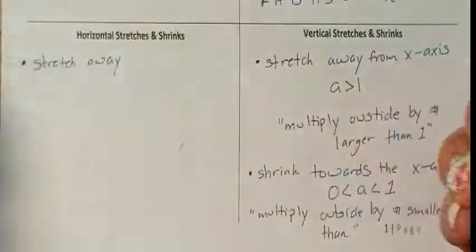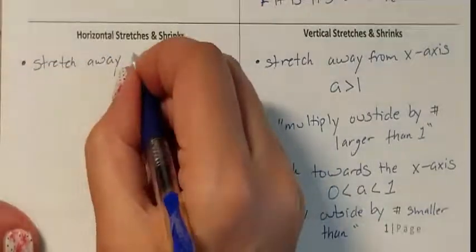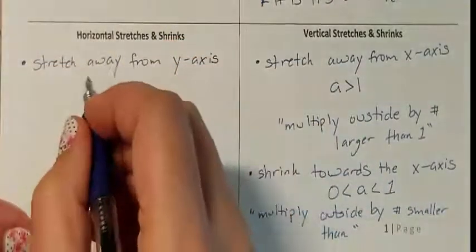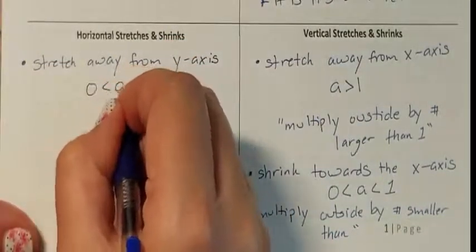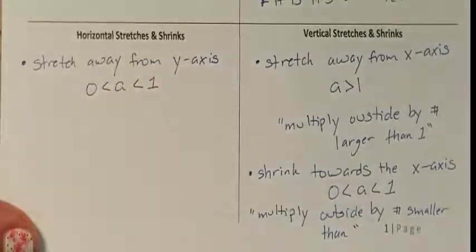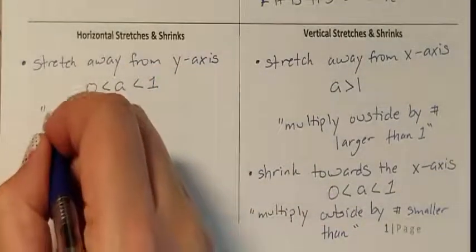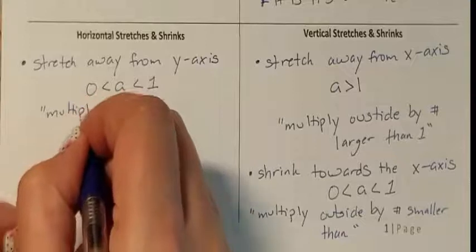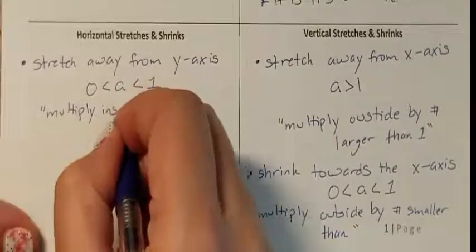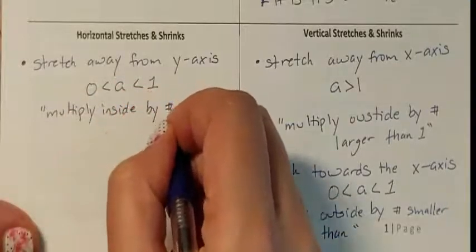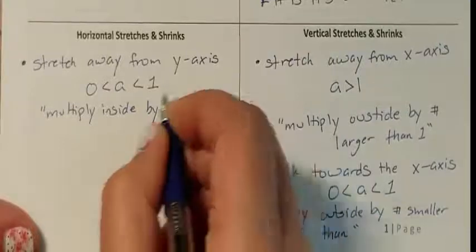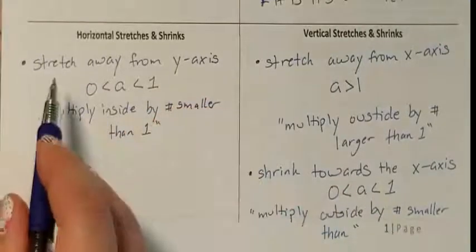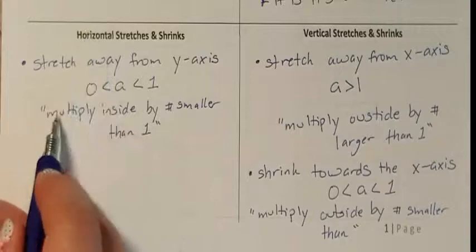So you're moving away from the y-axis. And the only time you ever do this is if you are smaller than 1 but still positive. So we are used to saying that this would be a multiply on the inside by the number smaller than 1. That's what we are used to saying a stretch look like, a horizontal stretch.